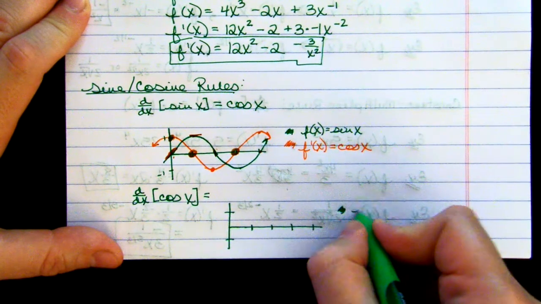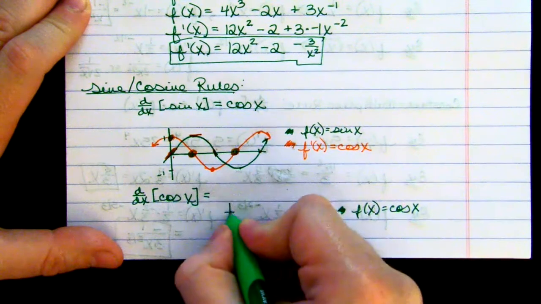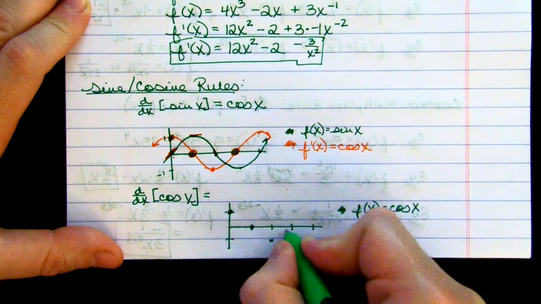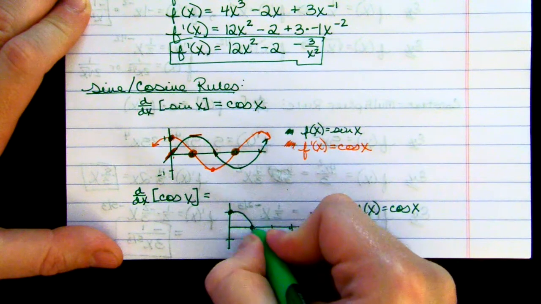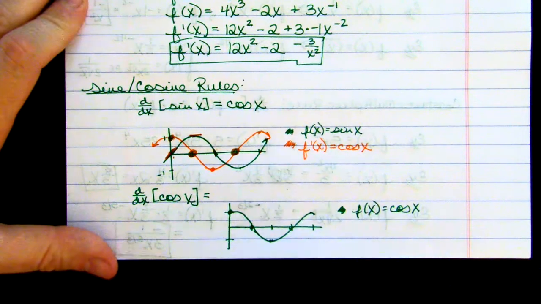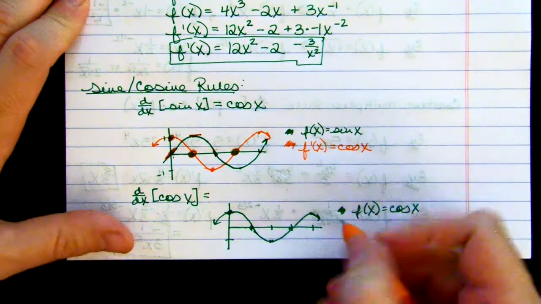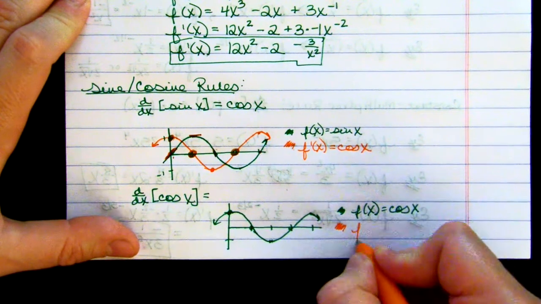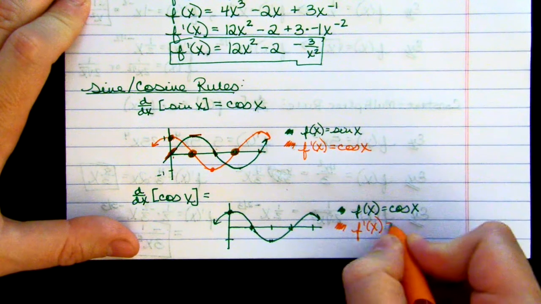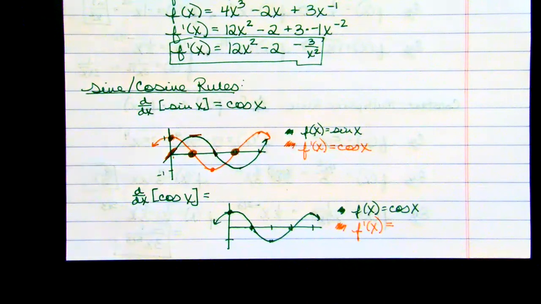In green, I'm going to trace out the cosine of x. And in orange, I'm going to find the slope at various places on that original function and make the slopes my y values on this derivative.